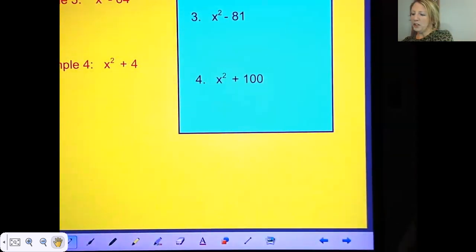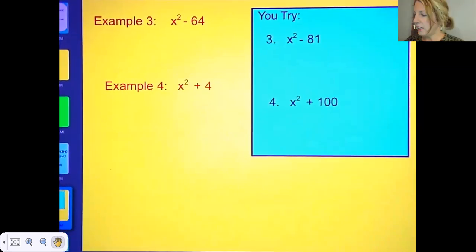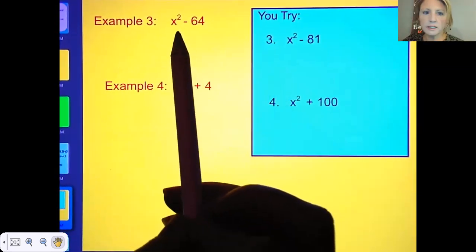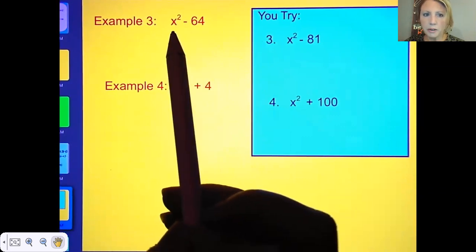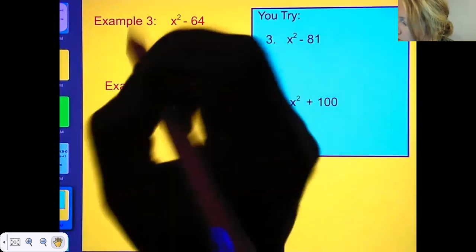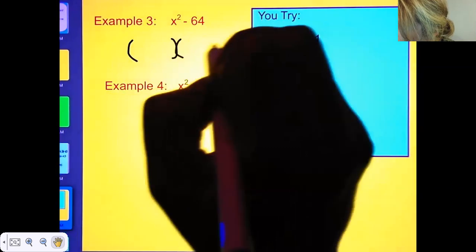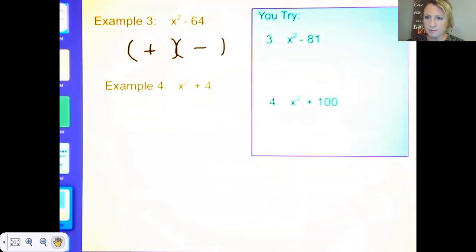But if you look at my number 3, it's just one more example like we were just practicing. Again, check for difference, yes. Two terms, yes. X squared, perfect square. 64, perfect square. So I can factor this by creating my two binomials, making them opposites, one positive, one negative.